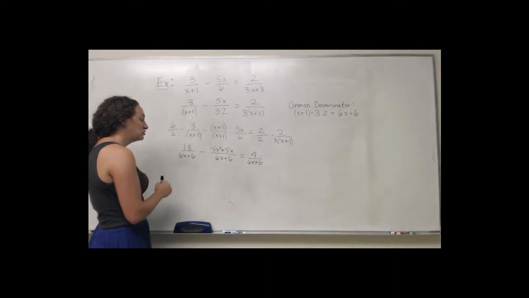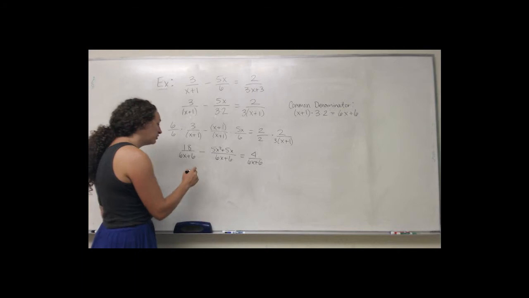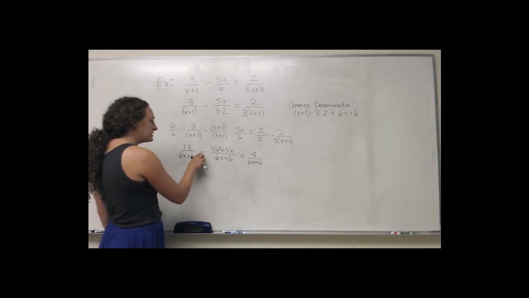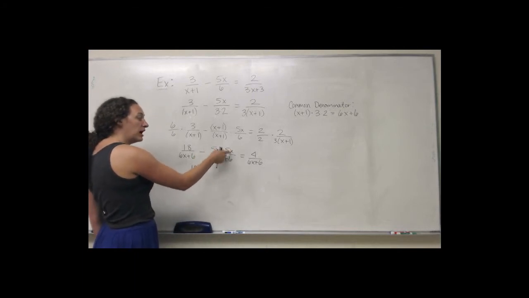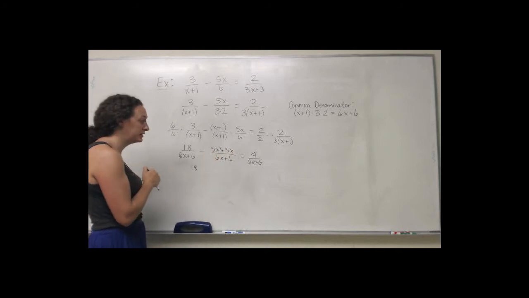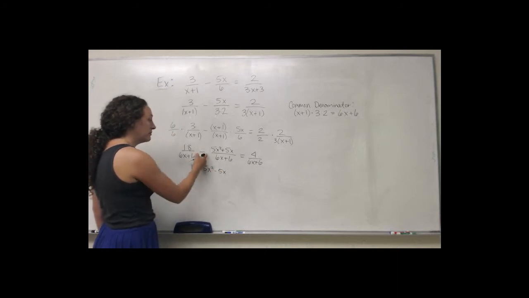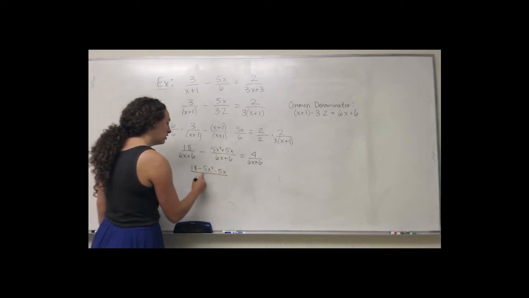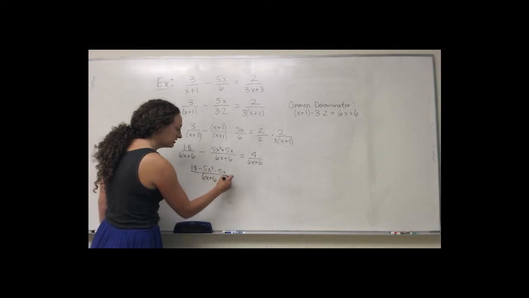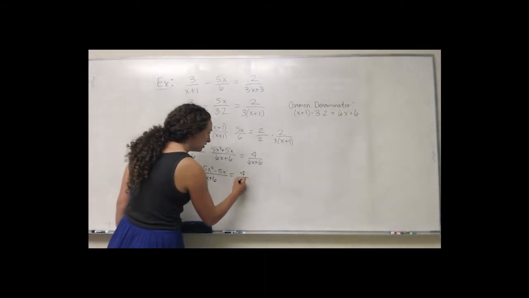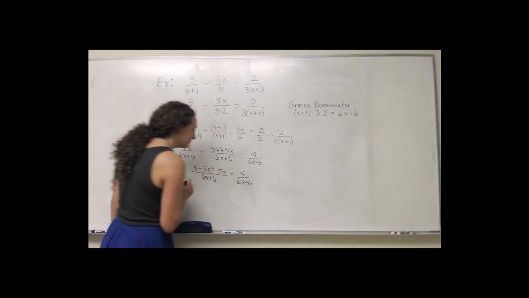These are two fractions with a common denominator, so I just add their numerators. Now this minus applies to both parts of both terms in this expression. So I have minus 5x squared minus 5x. The minus distributes over 6x plus 6 is equal to 4 over 6x plus 6.